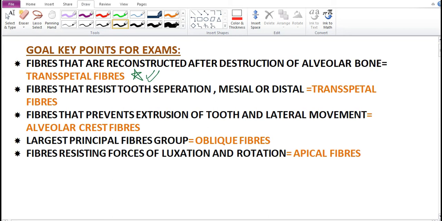The fibers that prevent the extrusion, intrusion and rotation movement of the tooth are the alveolar crest fibers. The largest principal fiber group is the oblique fibers.